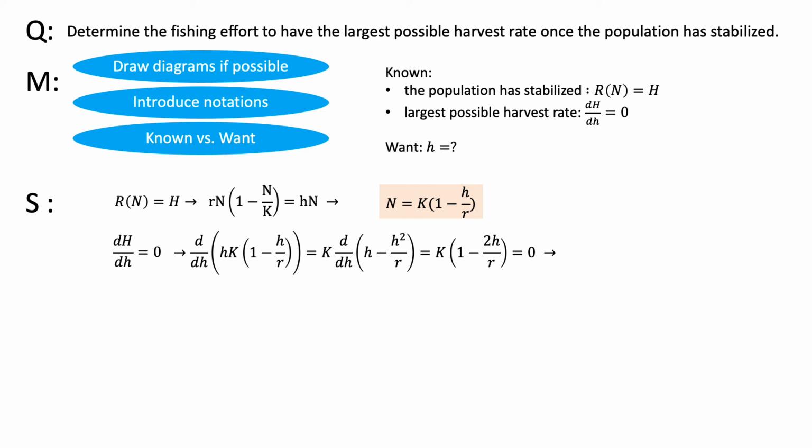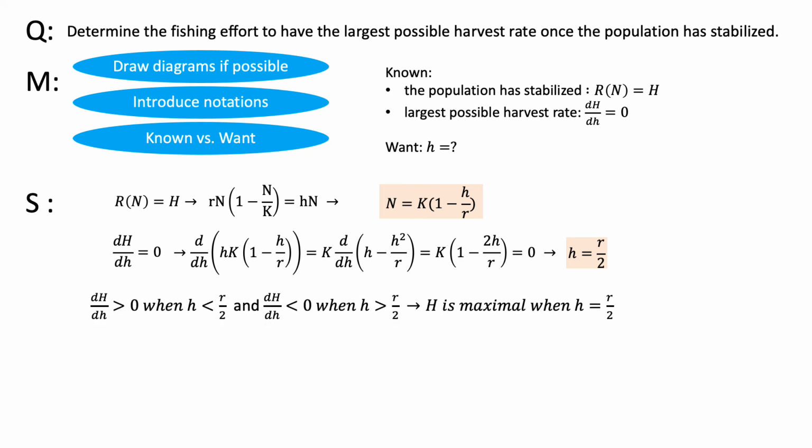By solving this equation, we get the value for the fishing effort, which is equal to R over 2. So we found R over 2 is a critical number for this function H, and now we notice that the derivative of H is positive when small h is less than R over 2, and the derivative of H is negative when small h is strictly greater than R over 2.